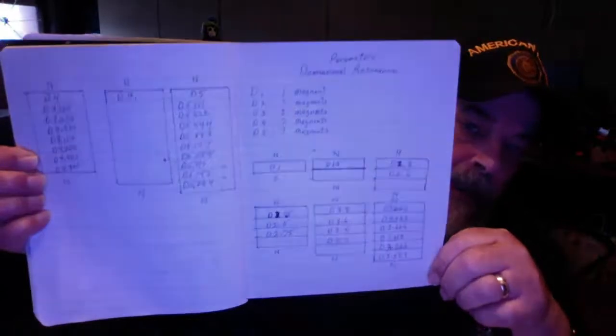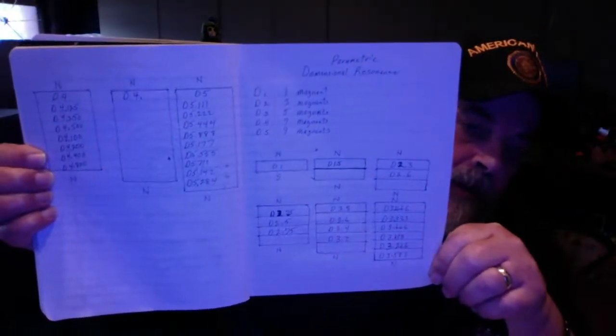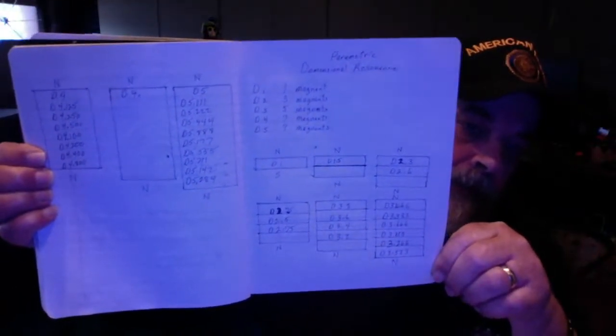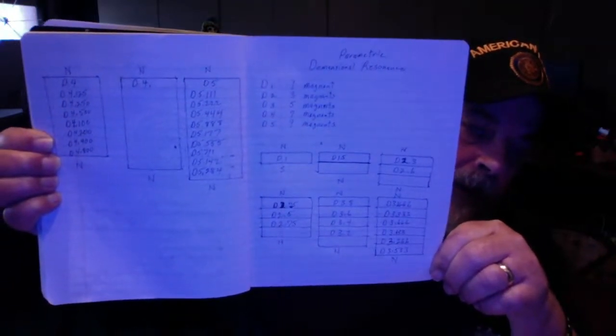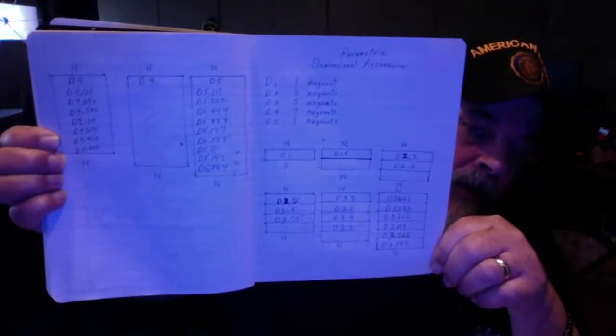Now, just a brief understanding of parametric divisional, and I'm doing a chart with the different magnets up to 9 and all the different variations that you would have in each one of those configurations.